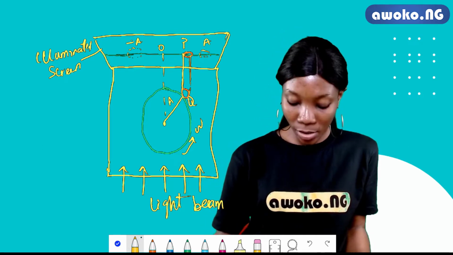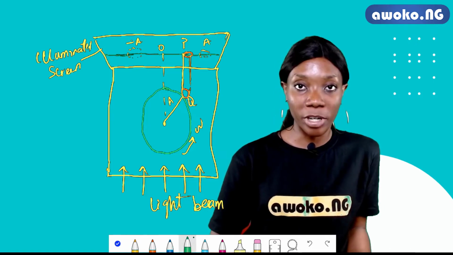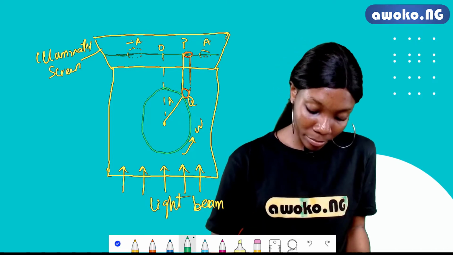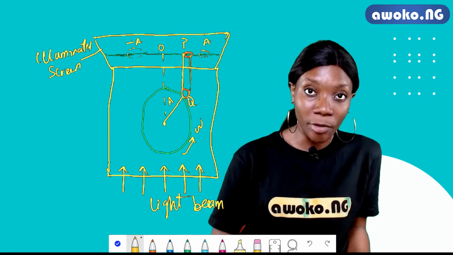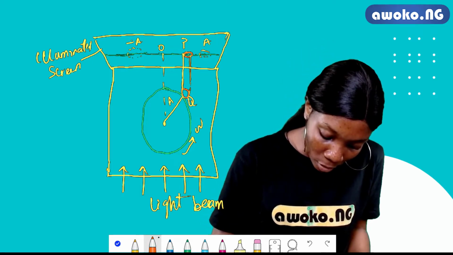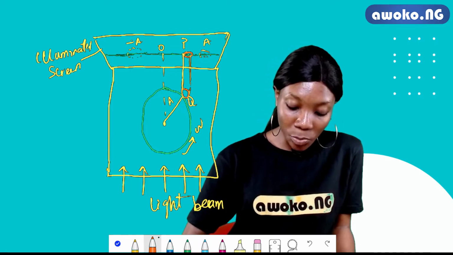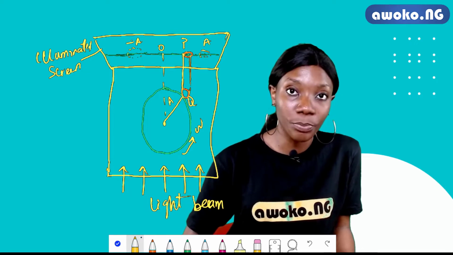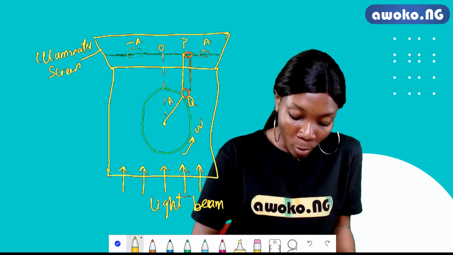So this light beam casts a shadow of the ball on the screen. The shadow at point P oscillates back and forth. That's what I drew here. So, as the ball at point Q is moving in this circle, its shadow is moving back and forth on the screen.